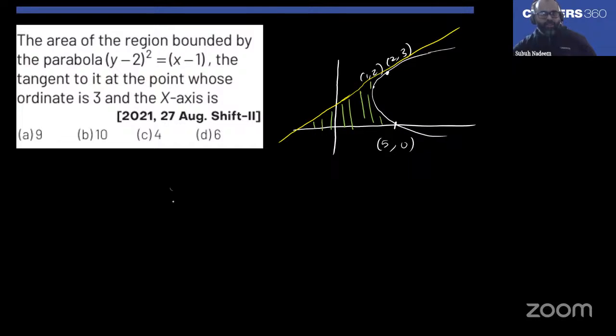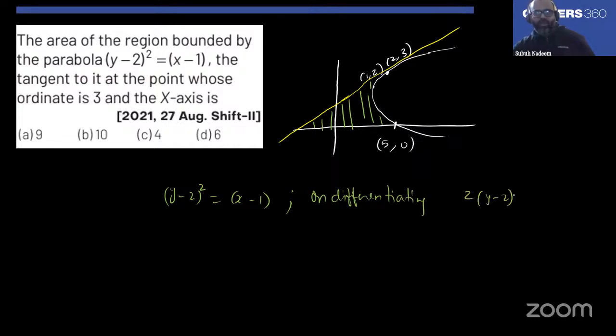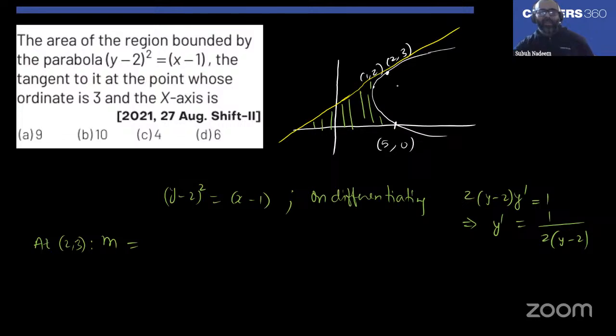So if you differentiate (y minus 2) whole square is equal to x minus 1, on differentiating, you will get 2(y minus 2) y dash is equal to 1, which means y dash is equal to 1 by 2(y minus 2). The slope at the point (2, 3): y is 3 minus 2, 1.